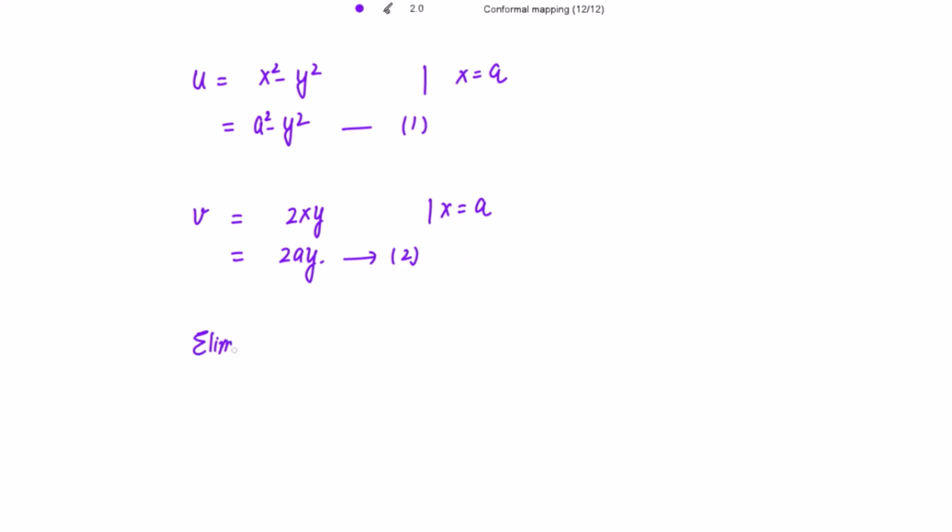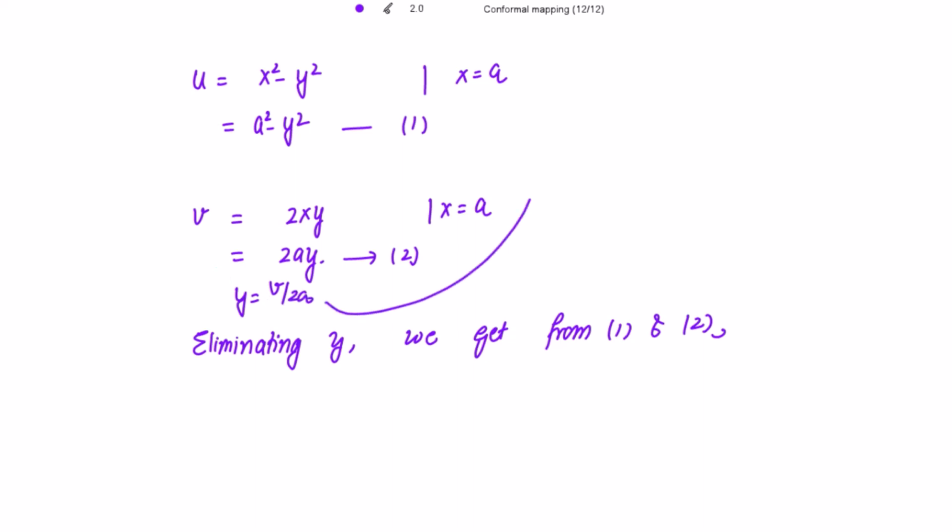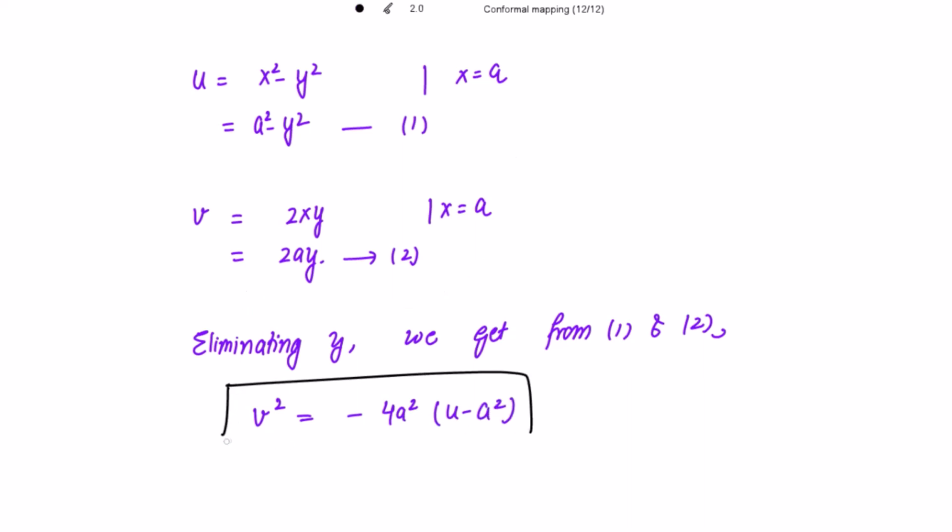So eliminating y, from 1 and 2, you just put y equal to v divided by 2a in the first equation and get the equation v square equal to negative 4a square into u minus a square, right? So what does this equation represent?